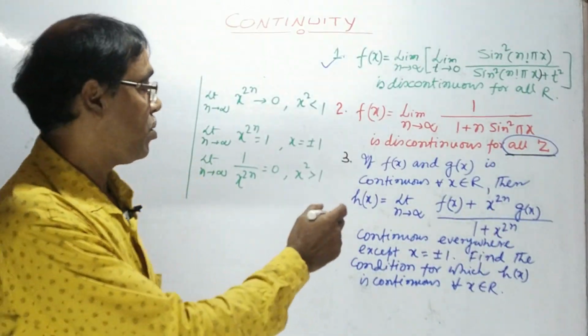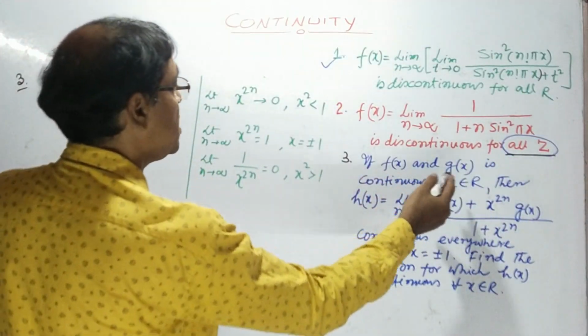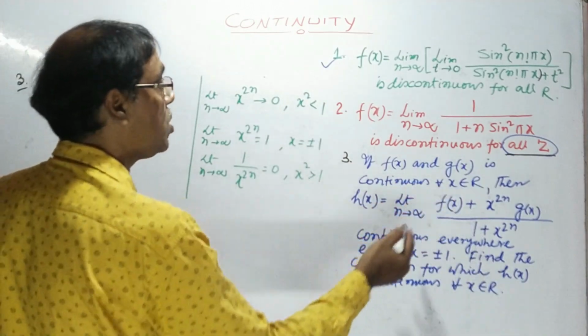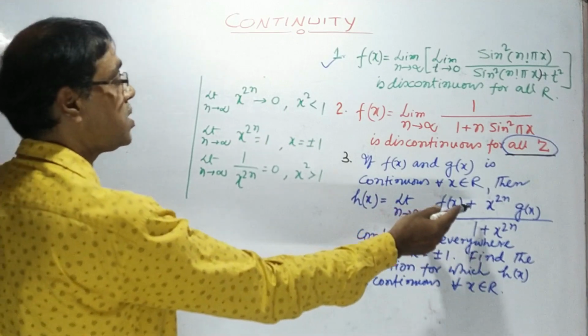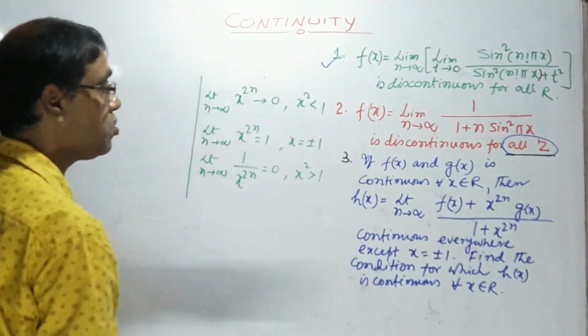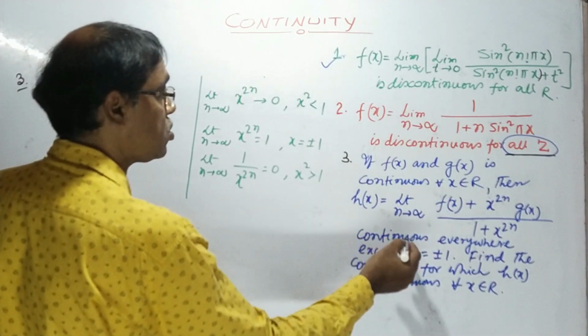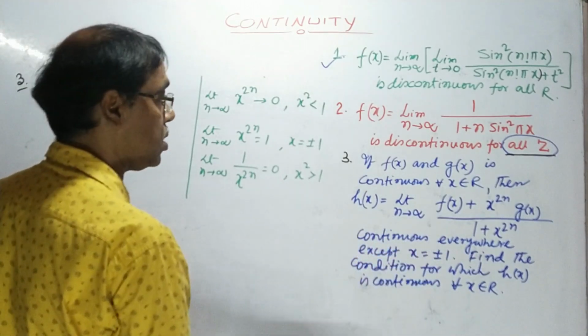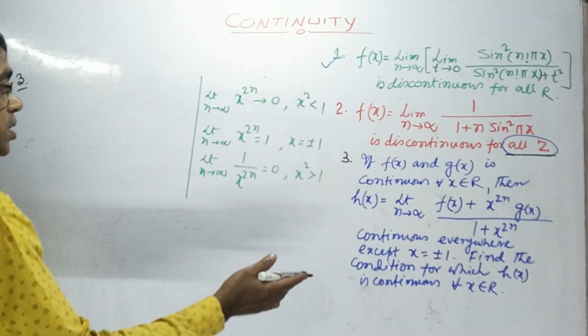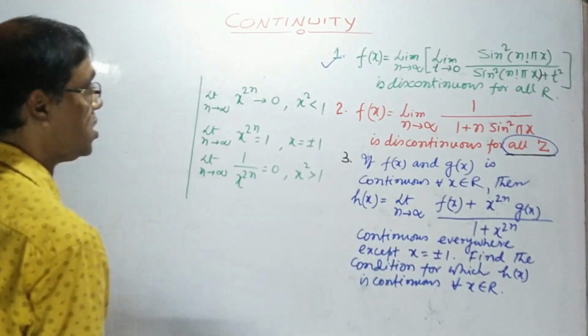Now the third problem. f(x) and g(x) are continuous for all x belongs to R, then h(x) equals limit n tends to infinity of (f(x) plus x to the power 2n into g(x)) by (1 plus x to the power 2n). It is continuous everywhere except x equals plus minus 1, and find the condition for h(x) to be continuous.